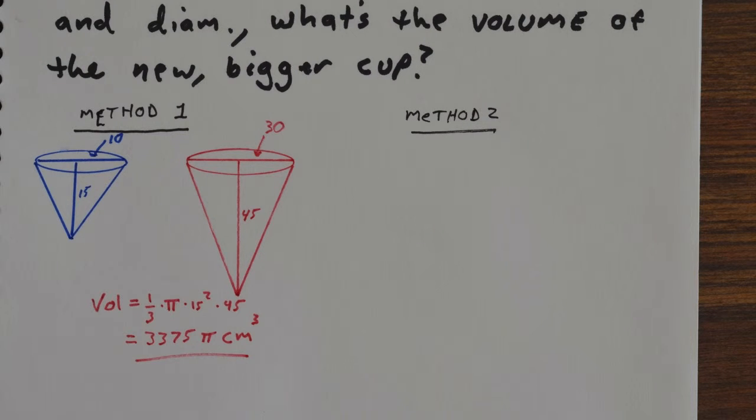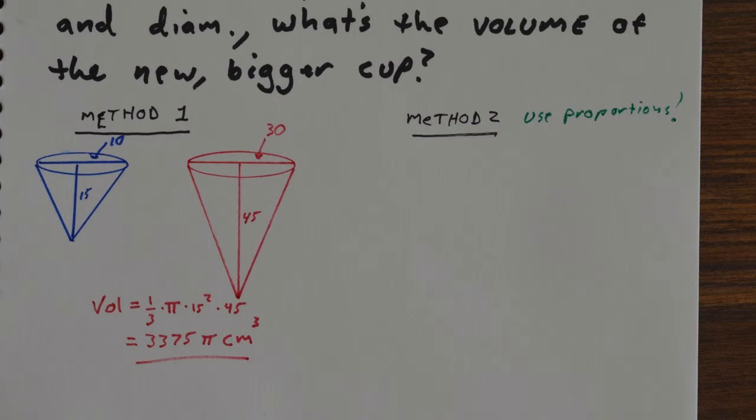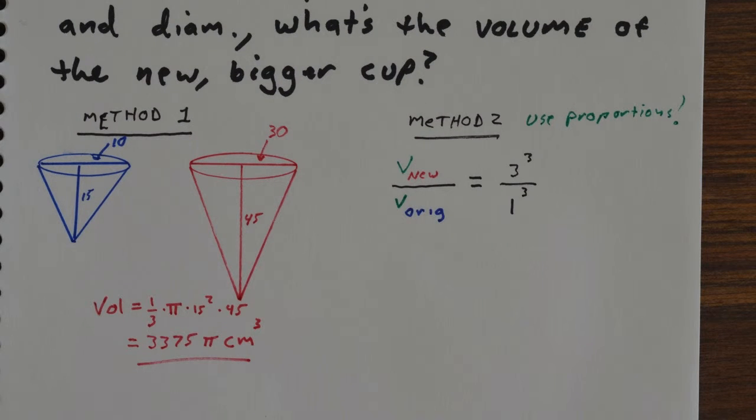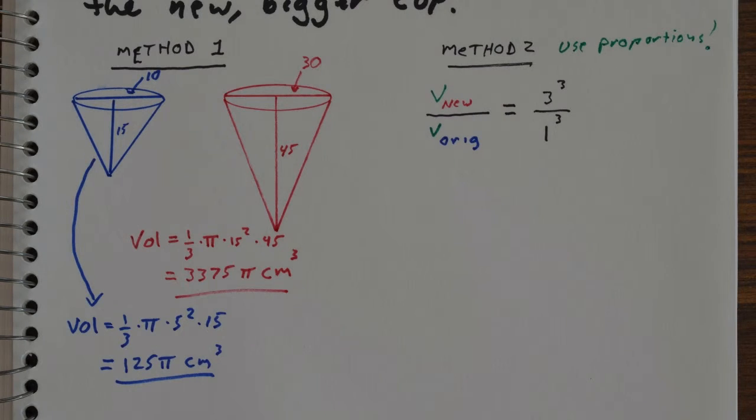The second way to solve this is using proportions. I know that the volume of the new cup divided by volume of the old cup will follow that same scale factor, 3 to 1, but not 3 to 1, 3 cubed to 1 cubed. The original cup, the blue cup, had a volume of 125 pi.